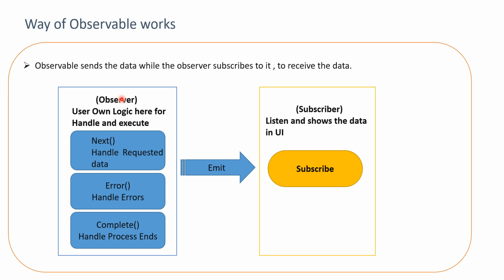In the observer we have three different kinds of operations: the next operation, the error operation, and the complete operation. The subscriber contains the data, and based on this data we pass it into the UI part. It's always listening to the data from the observer.